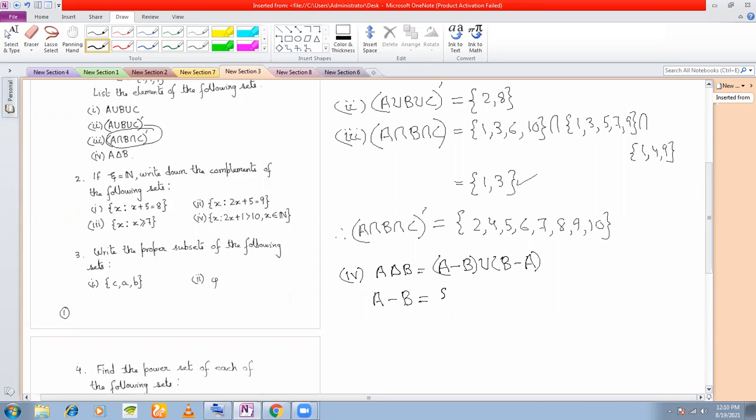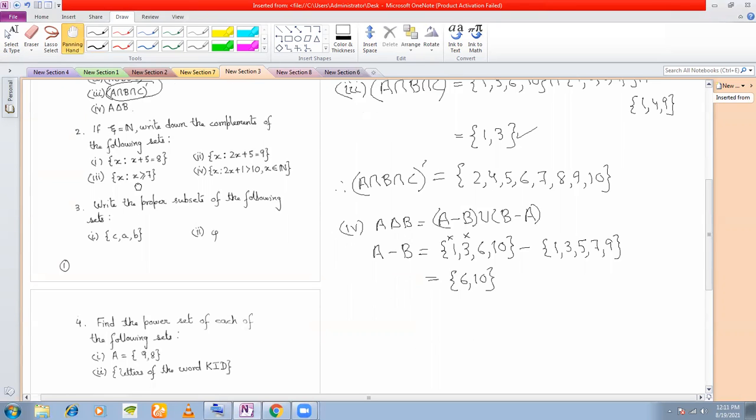A minus B is the difference of these 2 sets, 1, 3, 6, 10, minus 1, 3, 5, 7, 9. So what is the set A minus B? All the elements of A from which elements of B have been excluded. So from A, you exclude 3. What else to exclude? You exclude 1 also, because this is also there. Then no other elements to be excluded. So you only get 6, 10, right?